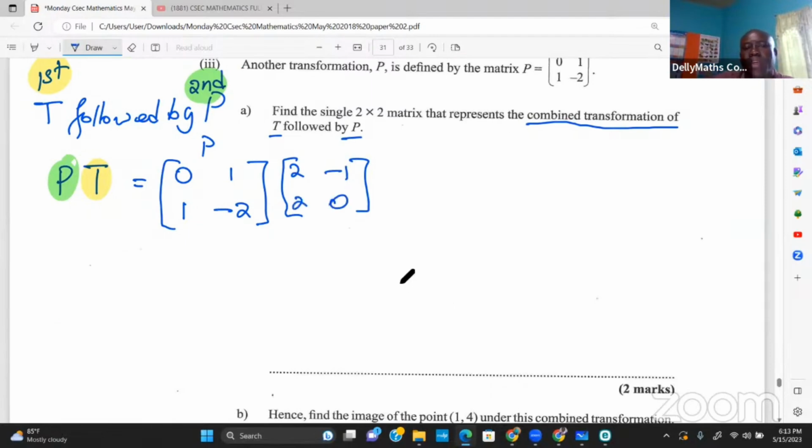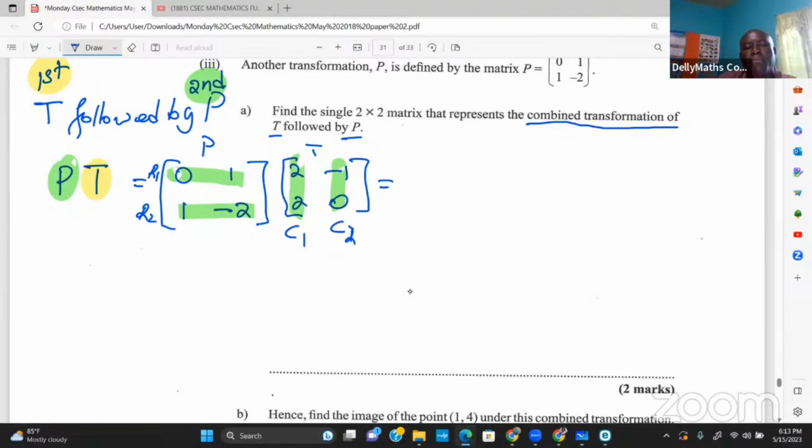So you want to put this together, and this would give you your combined transformation. Remember now, it's row by column, right? Row by column. So I'm just going to highlight my rows, row 1, row 2, and then I'll highlight the columns in yellow. Column 1, column 2. All right, let's focus. So row 1, row 2, column 1, column 2.